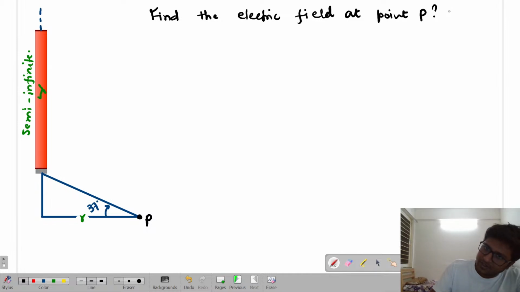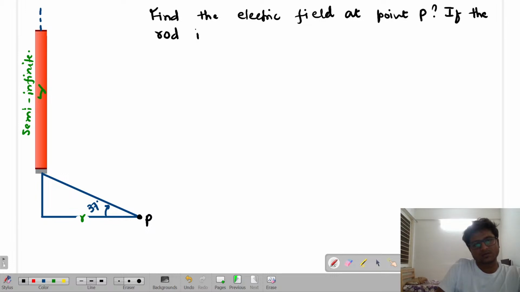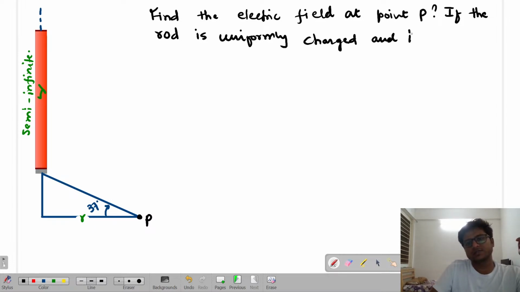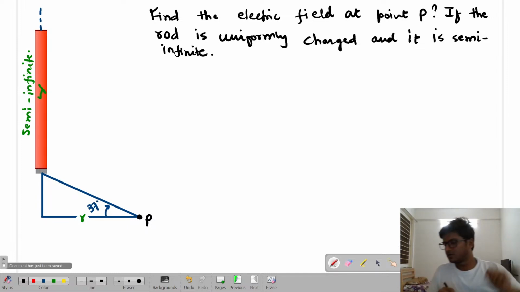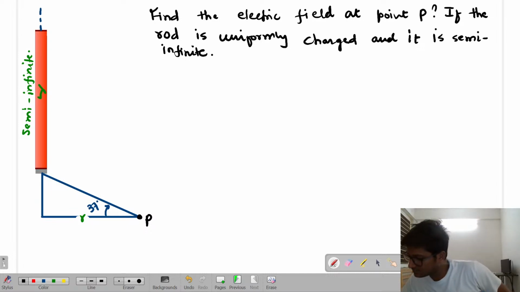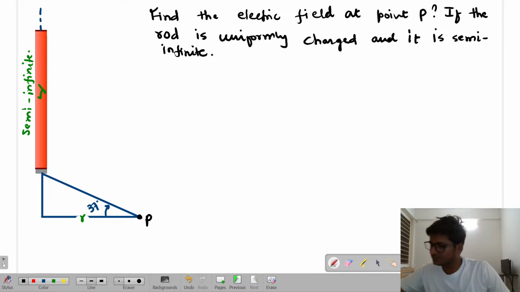Find the electric field at point P if the rod is uniformly charged and it is semi-infinite. Now, do it fast.